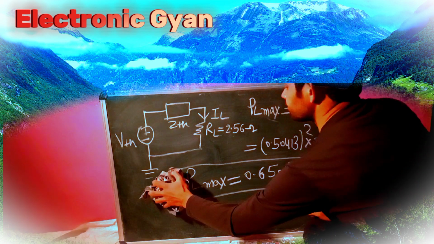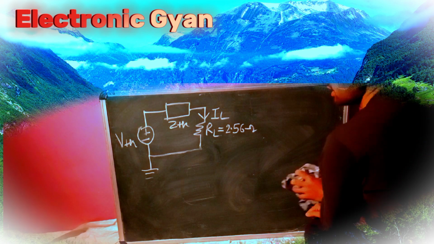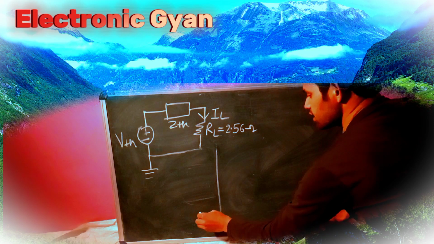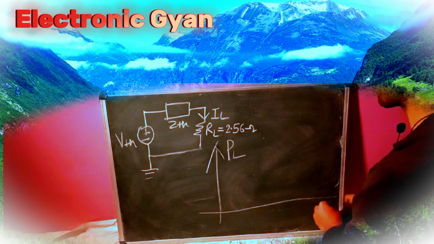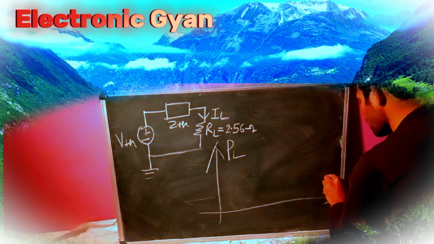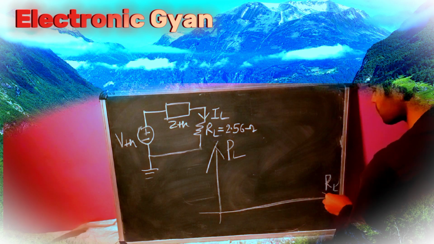Here is the graph of power. This is PL, the load power, and this is the load resistance RL. Here is my maximum power, delivered at a load resistance of 2.56 ohm.